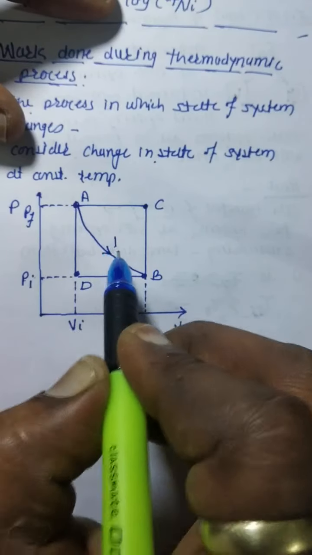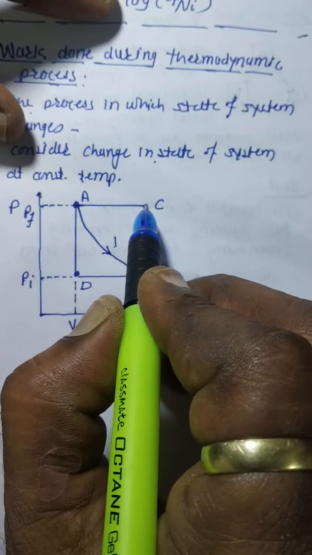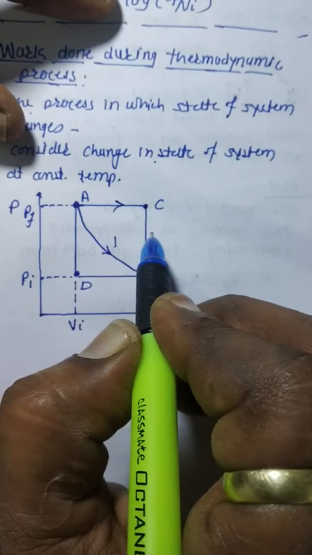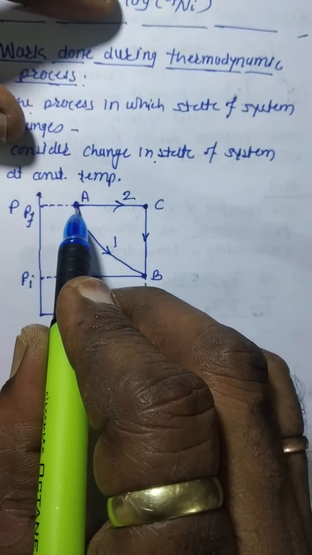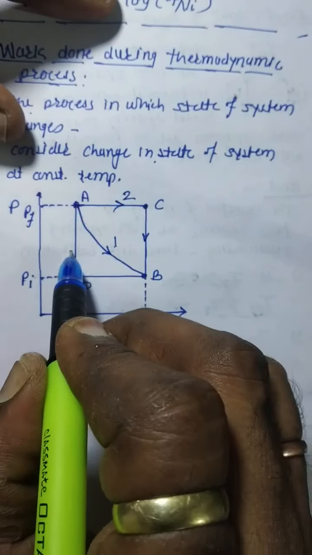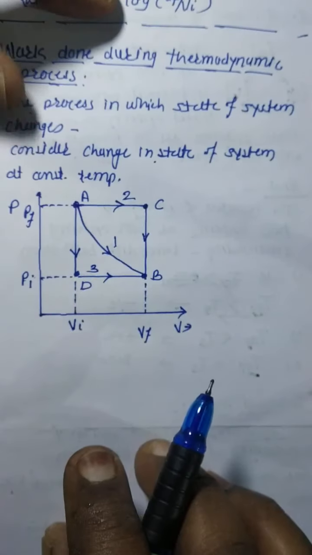Suppose this one as path 1. One another path along ACB, second path, and one more path ADB like this. Suppose this one as third path.